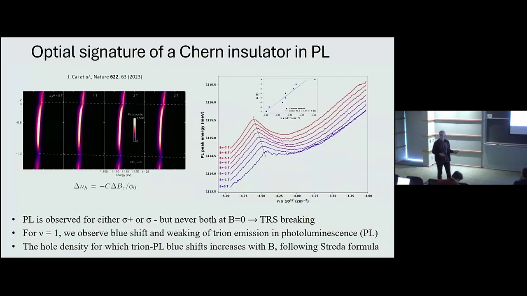So it's photoluminescence. It's not terribly interesting, I guess. What I should really mention is that this is photoluminescence in sigma plus. So if you look at sigma minus at low powers, you don't see anything, okay, or very weak photoluminescence signals. That's okay. So that suggests that indeed there is valley polarization. But what is more interesting is these cusps or blue shifts in photoluminescence at certain filling factors.